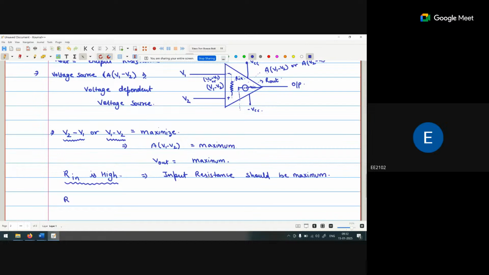If R in is low, the voltage drop across the resistance is less. So that means V2 minus V1 is less. If it is less, A times (V2 minus V1), or we just say V1 minus V2 also, is less.